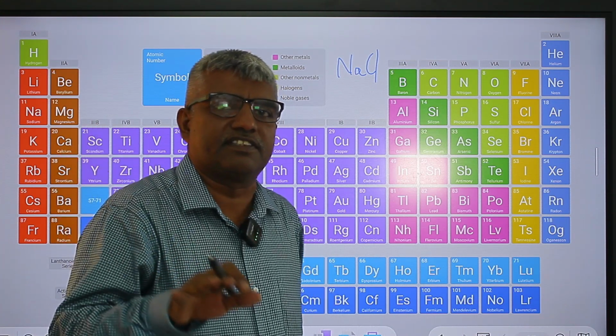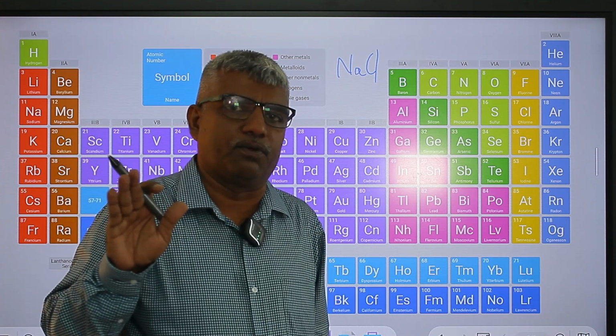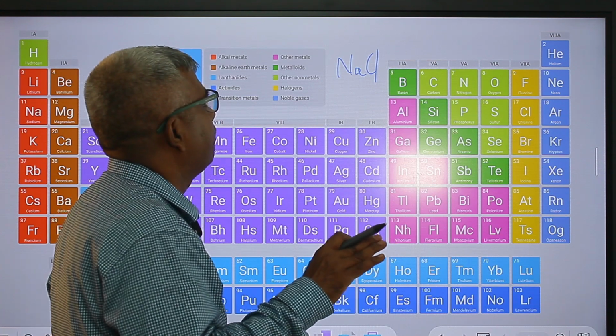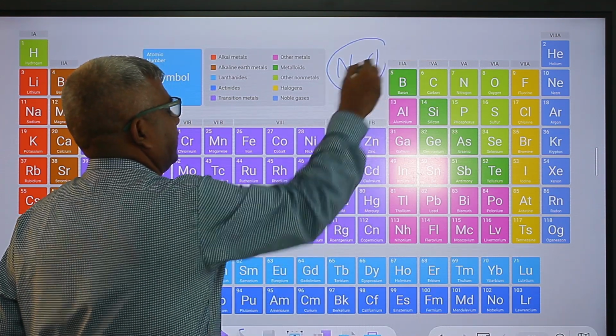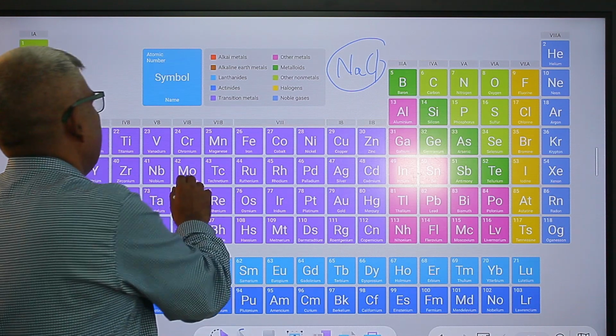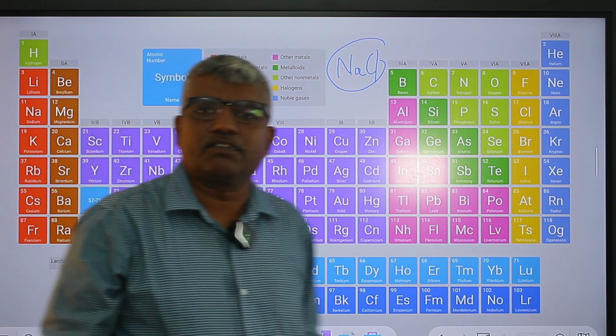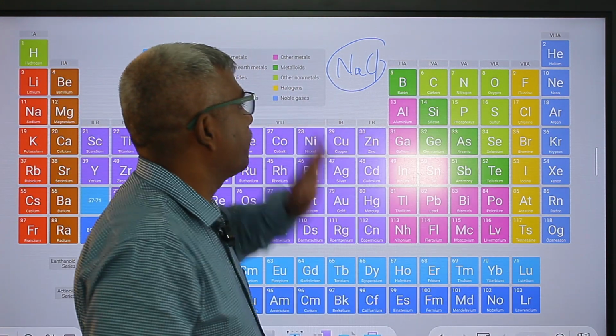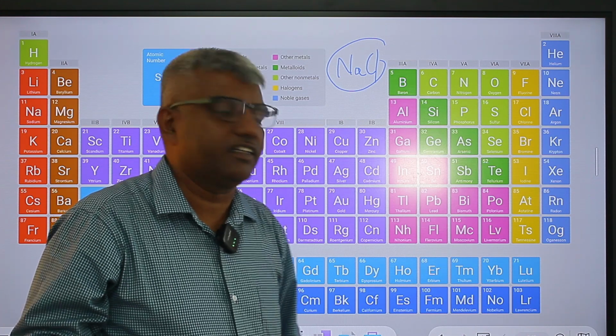All other elements are impurities for us. So in the sodium chloride, there is no rhodium, ruthenium, molybdenum, we will not get it. In the sodium chloride, what are the other elements that will be there?